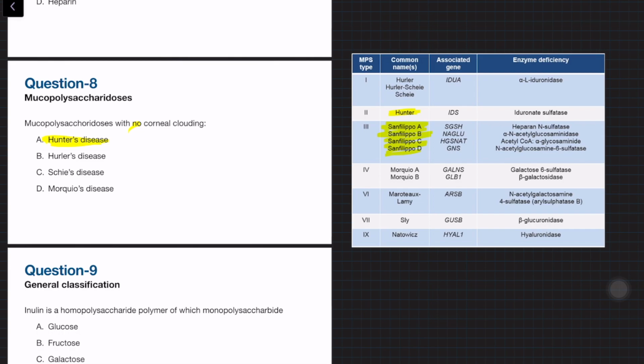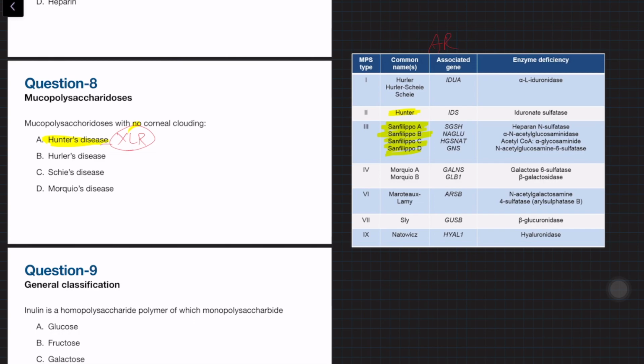In mucopolysaccharidosis, the point is that Hunter's is an X-linked recessive disorder. Everything else is an autosomal recessive disorder, while Hunter alone is X-linked recessive. Just remember this.